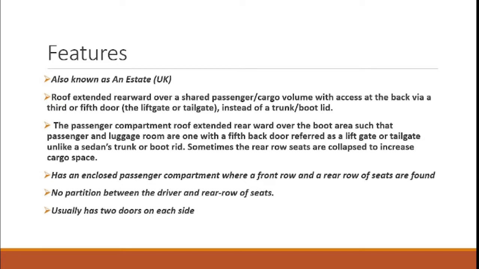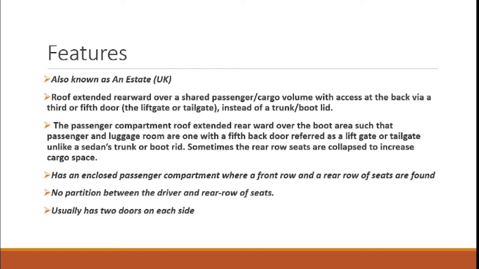And then it can be a fifth door if you have two rows of seats and then the cargo area. But both of them are one volume. So that back door, we can call it a lift gate or a tailgate, which replaces the trunk lid or the boot lid.